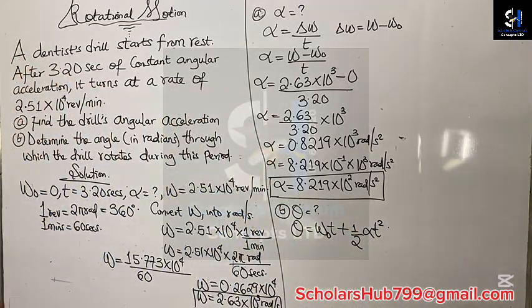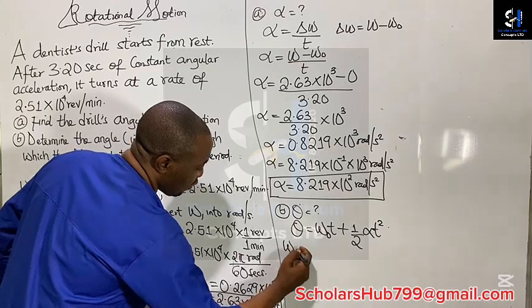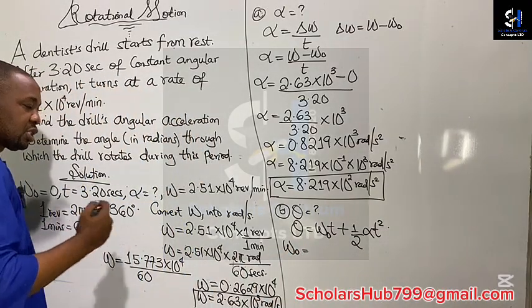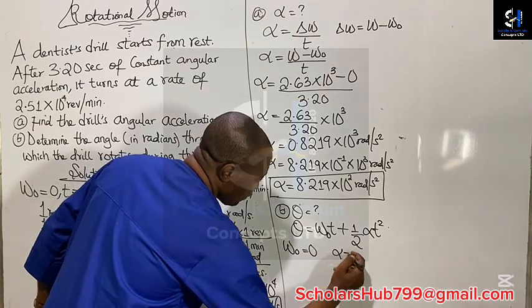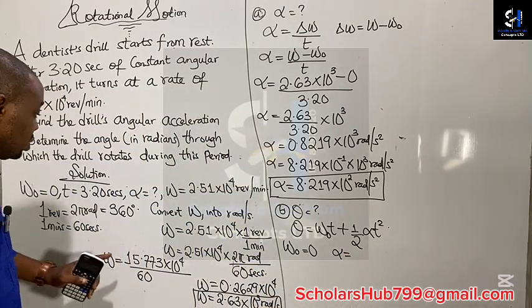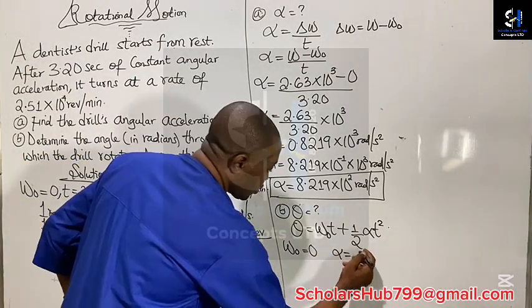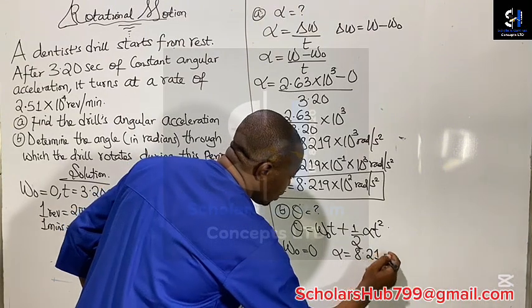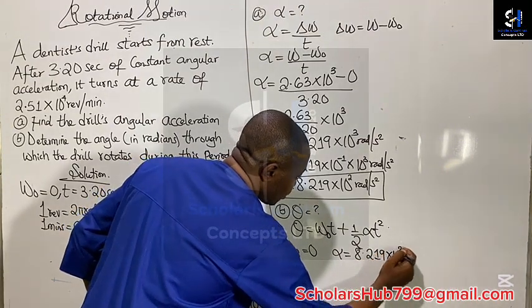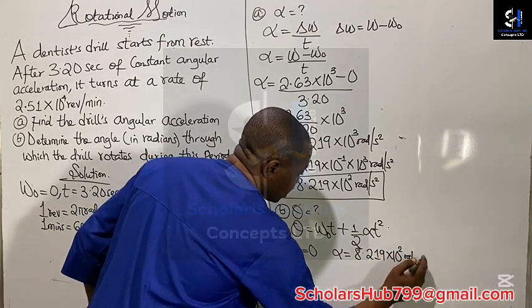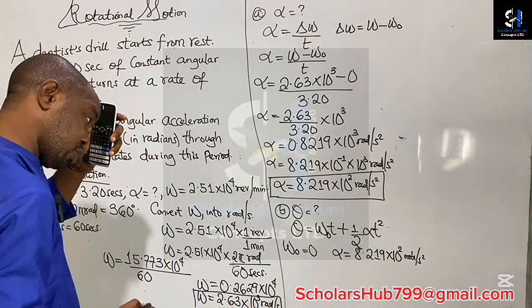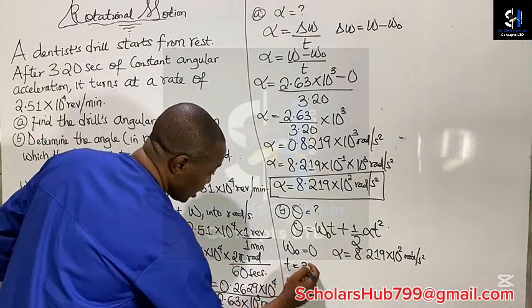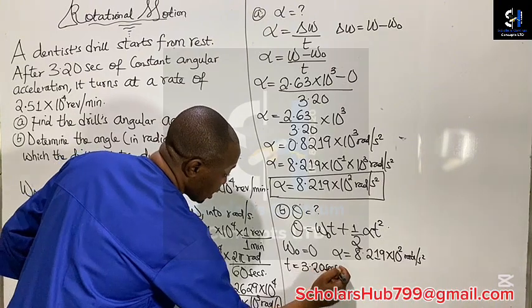T squared. Now we know the initial angular speed to be 0. And we have the value of the angular acceleration to be 8.219 times 10 raised to the power of 2 rad per square second. The time remains 3.20 seconds.